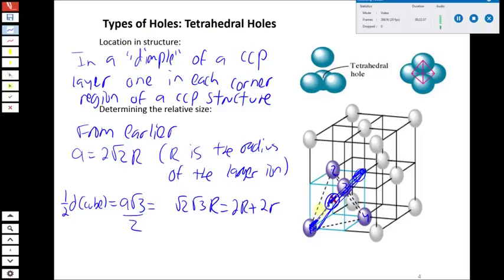So that's equal to 2 times big R plus 2 times little r. That's the relationship, and what we get then is that the little radius r is equal to radical 2 radical 3 over 2 minus 1 times big R. Just some algebra to solve for the small radius here.